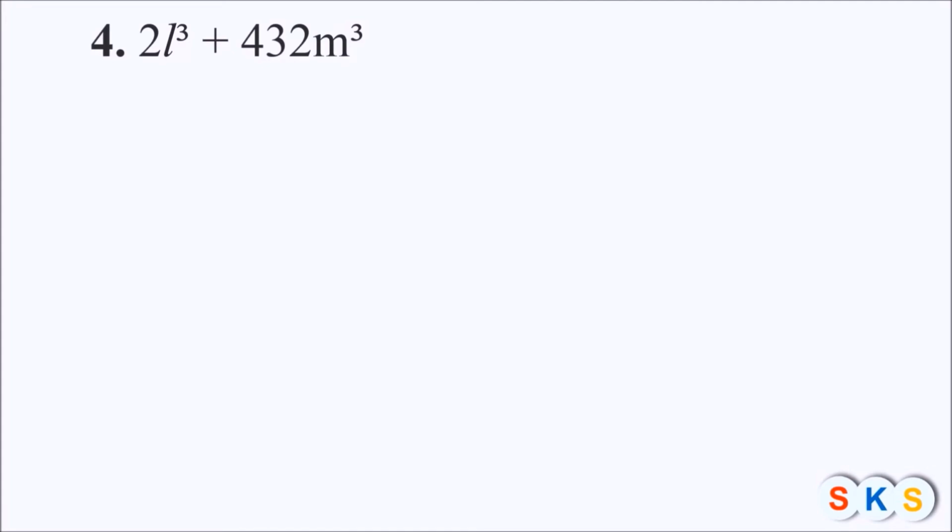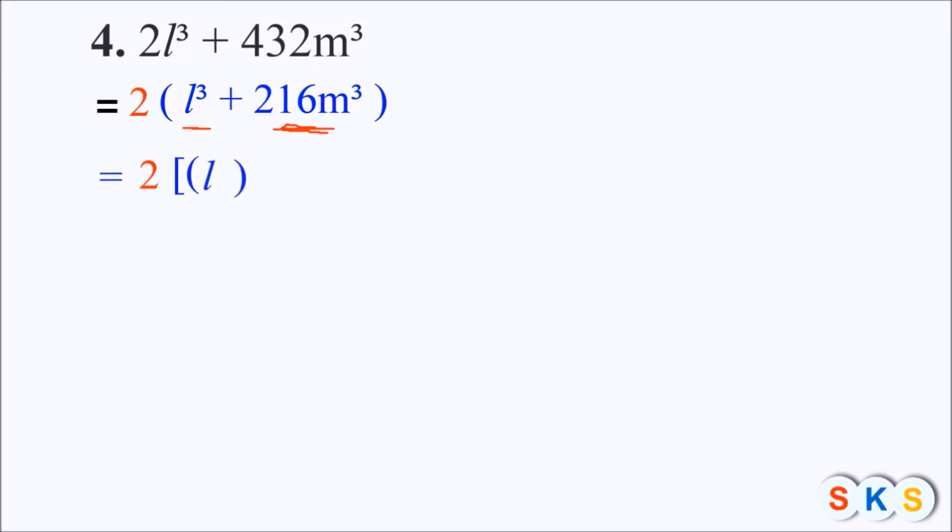So I have taken 2 as common, and in a bracket we will get l raised to 3 plus 216m raised to 3. The first term of the bracket is l raised to 3, the cube of l, and the second term is 216m raised to 3, the cube of 6m. So we will write this as 2 into l the whole cube plus 6m the whole cube, close the bracket.